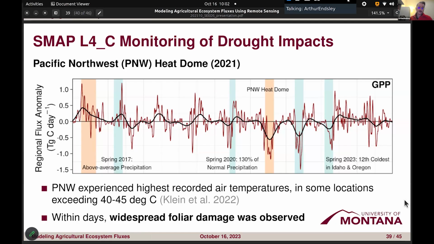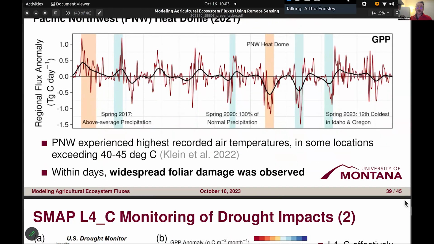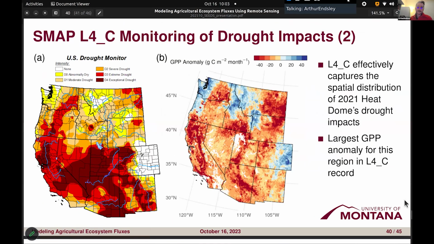This time series plot shows some smoothed data from the daily Level 4 carbon budget GPP estimates, and we can see that there's an extreme negative GPP anomaly associated with that Pacific Northwest heat dome. It's actually the largest negative GPP anomaly in this region.